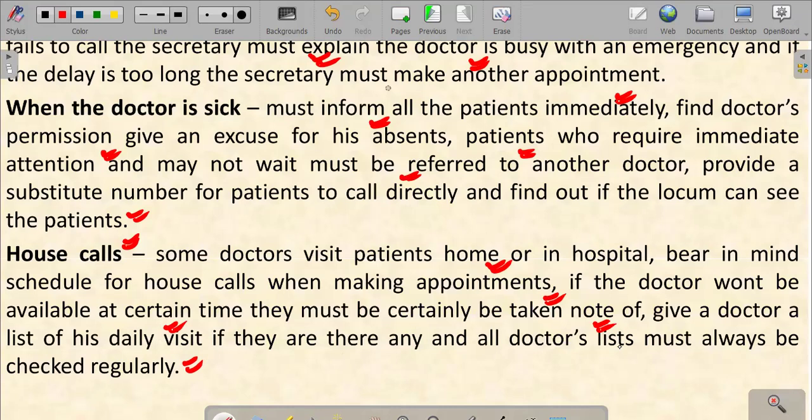As a secretary, it is quite advisable that you constantly and regularly check the doctor's list in order to have a daily visit schedule that is clean and able to be saved. So that is what we are saying. That is what it is.